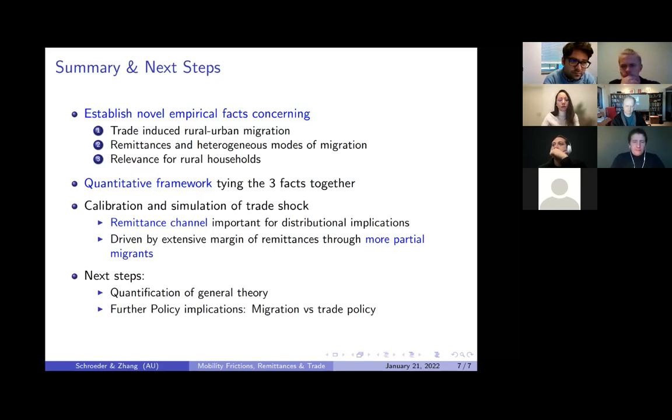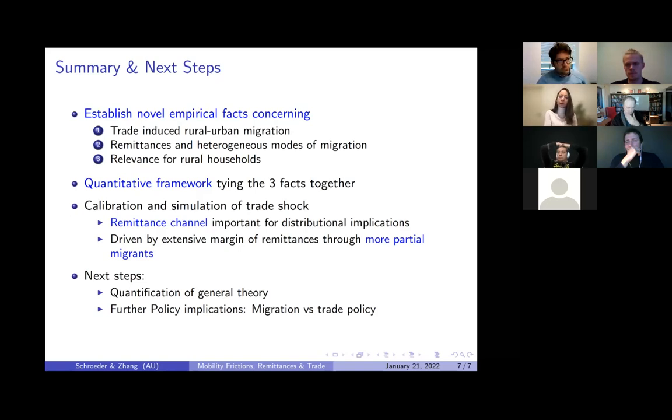So basically, the non-homotheticity implies that as your income increases, you're not going to spend it on subsistence need goods, but you're going to spend it more on luxury goods. Now, if you're earning your income in the urban area, that may imply that you're going to cover the subsistence need at home, but the extra income is going to be spent potentially on luxury goods.